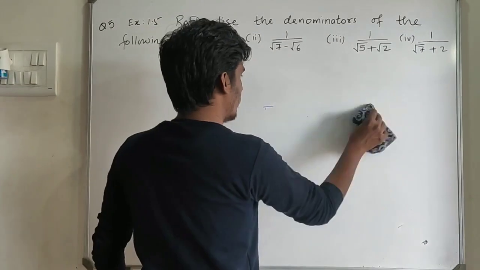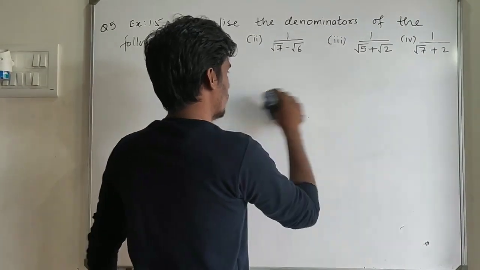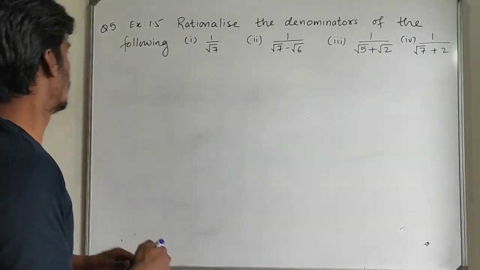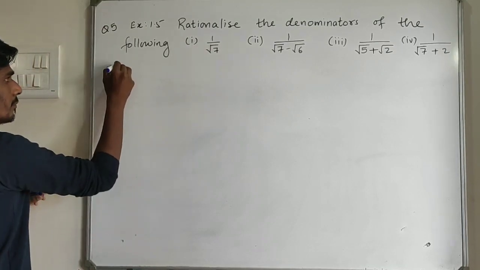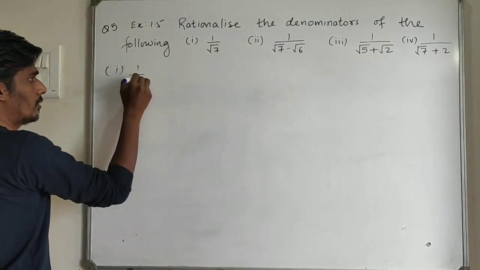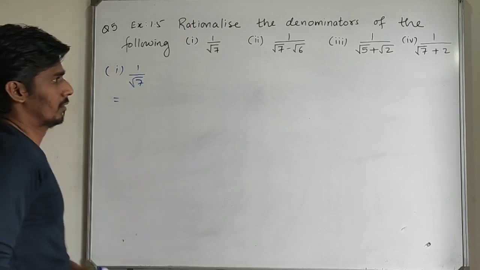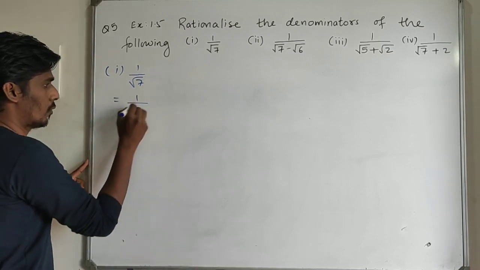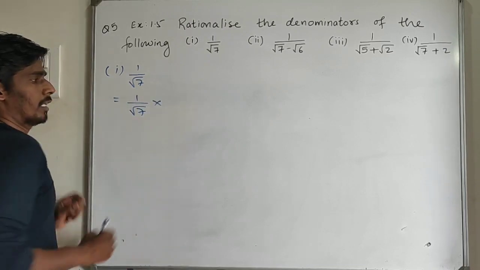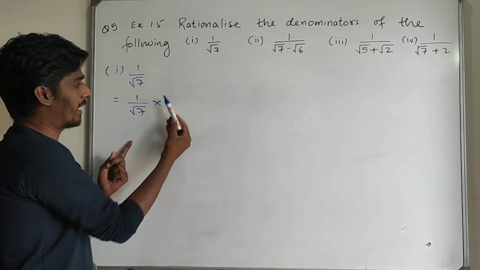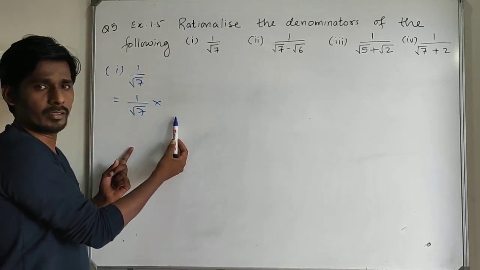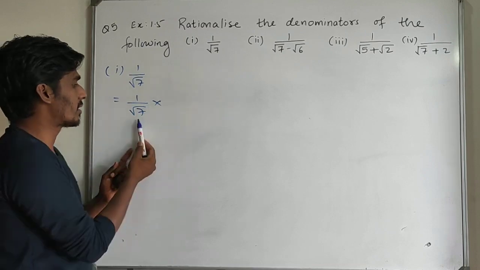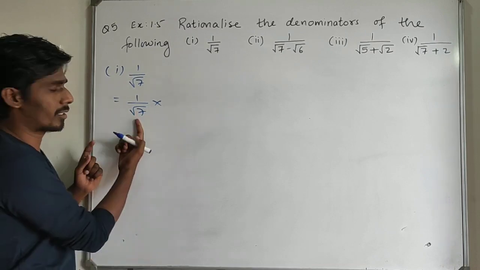Let's start with the first one. 1 upon root 7. Now what am I going to do? I am going to multiply and divide by a number so that I get this denominator rational. So here it's root 7.